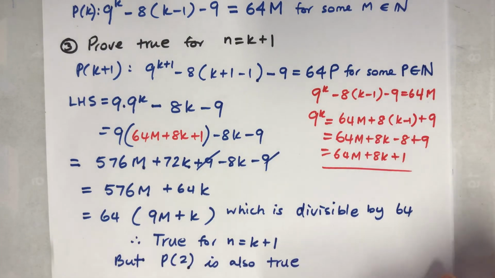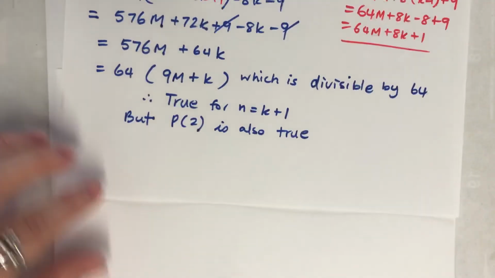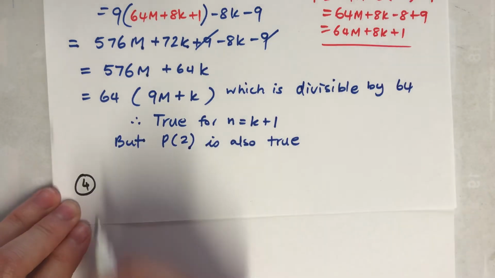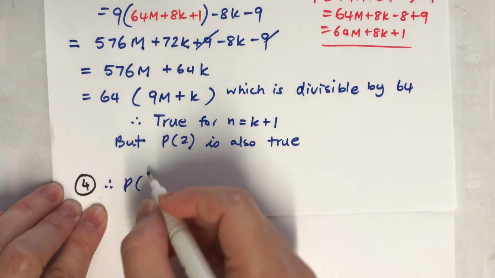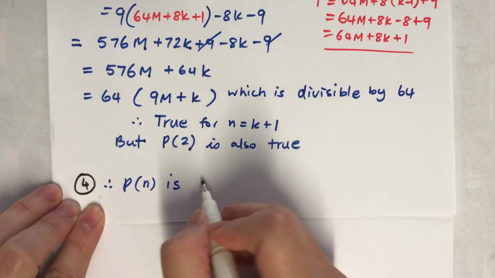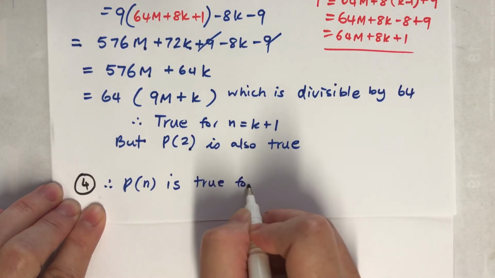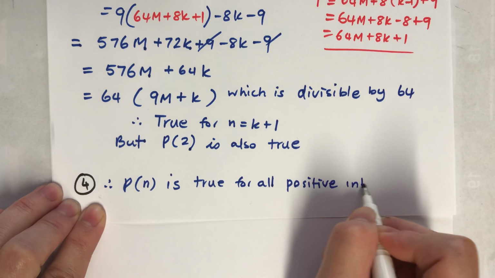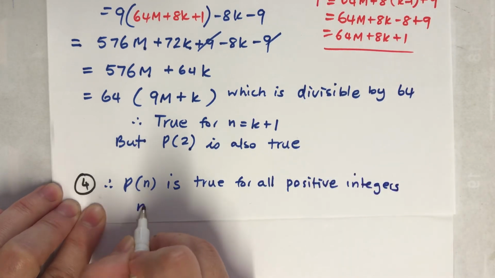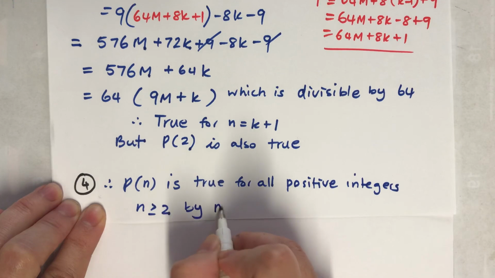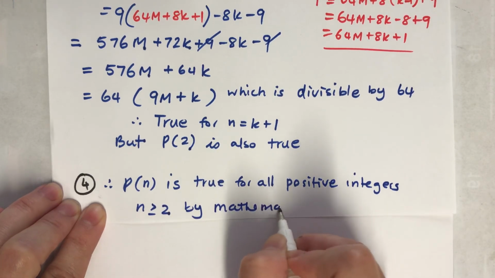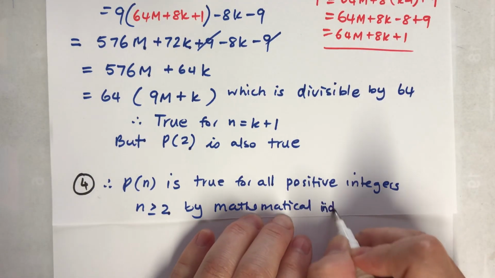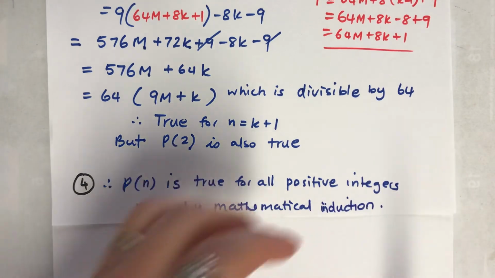And so therefore, moving up here to make more room, I can say P of n is true for all positive integers that are bigger than or equal to 2 by mathematical induction. Oops. Okay, great. Well done.